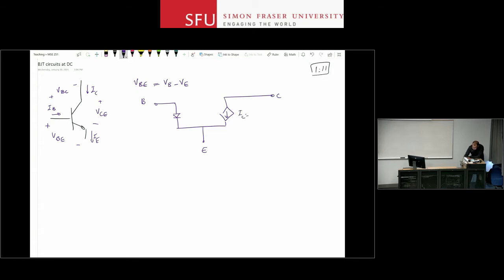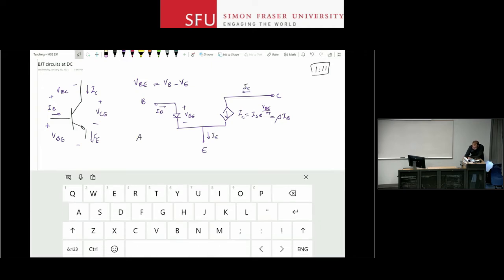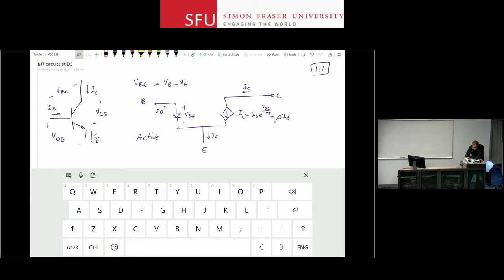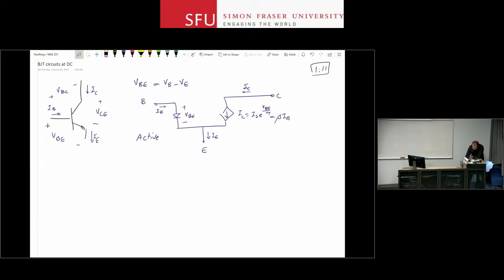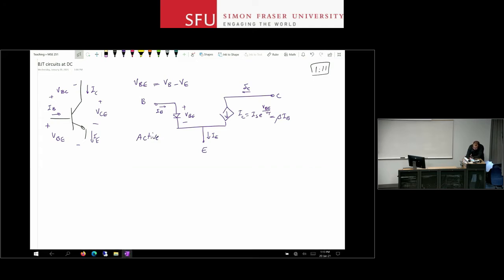This IC is IS e to the VBE over VT, and beta IB, if the device is in active region. This is VBE, this is IB, IE, and IC. So for a device in active region, this is what we have. And then what did active mean?